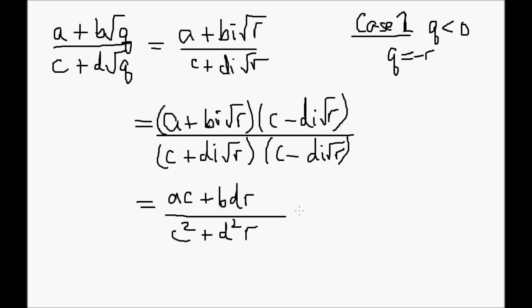Then finally we have the remaining terms, where we have (b times c minus a times d) divided by (c squared plus d squared times r), times i times the square root of r.